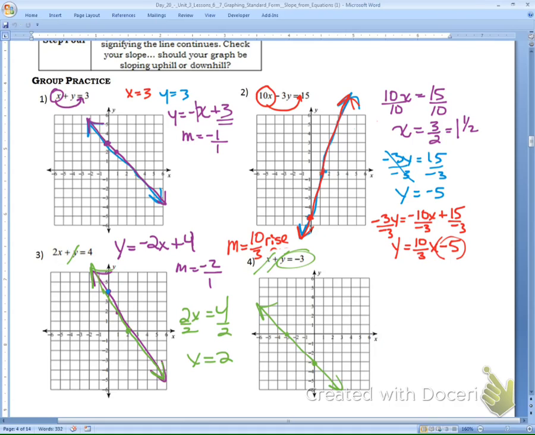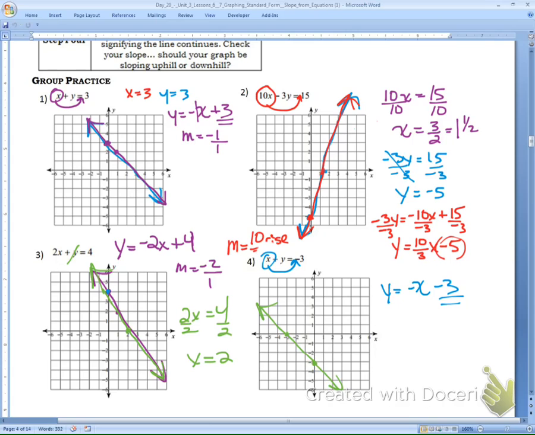Pretty simple. If you use slope-intercept form, that's fine. You just have to take a couple more steps. Oops, meant to use my eraser there. You would have to move your x term to the other side of the equation. So y is equal to negative x minus 3.